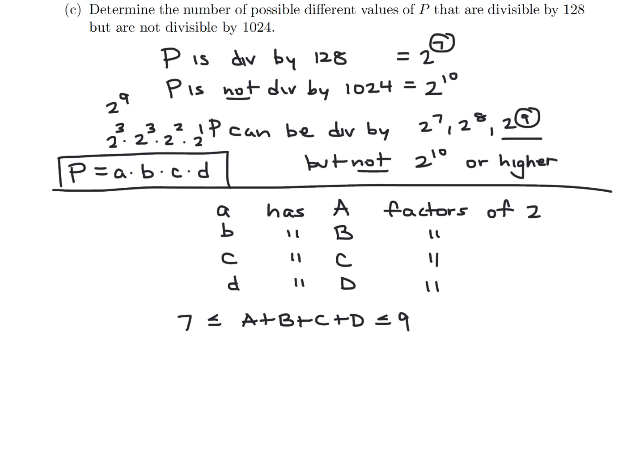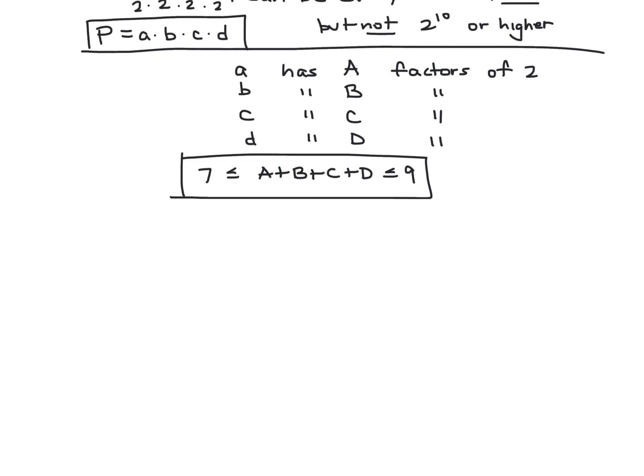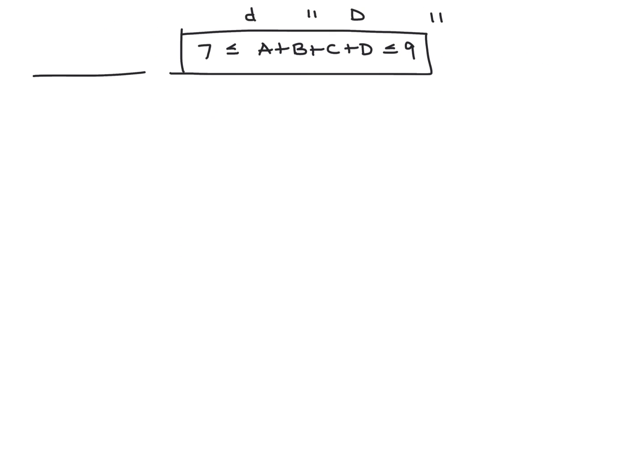So we've got to look at all the cases of this scenario. Okay, so let's do that one by one. First, let's look at if a plus b plus c plus d equals 9. And then we'll look at 8, and then we'll look at 7.